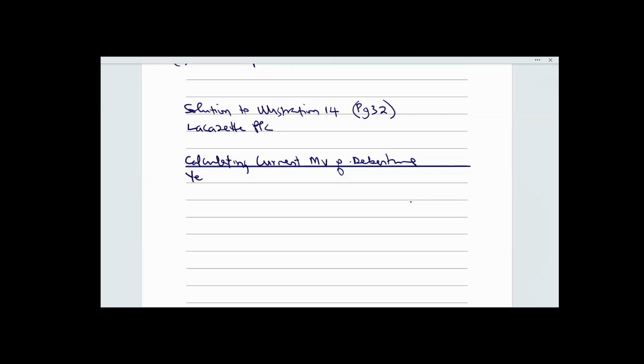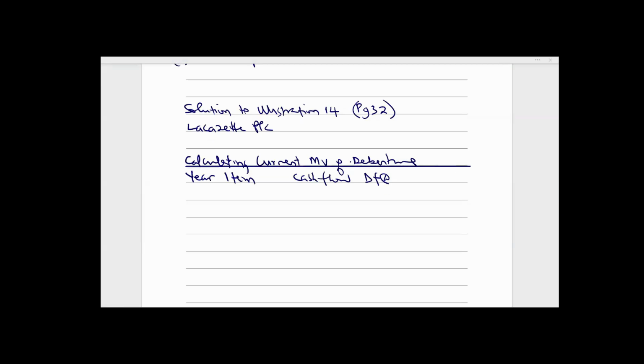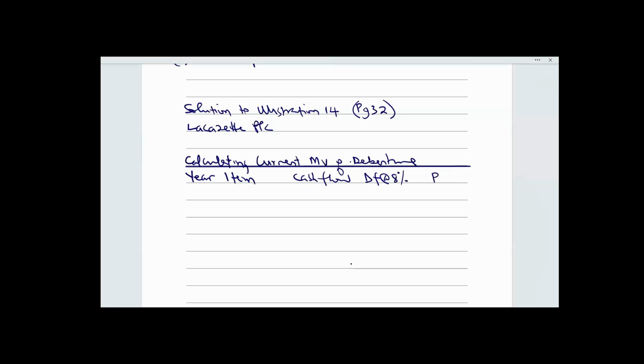Therefore, I will create a column for year, description of items, cash flow, and the discount factor. What's the yield given to us? We are given a rate of return of 8% per annum on the 5 years debt security. So 8% is the yield. Then we are going to have the present value that we want to calculate.